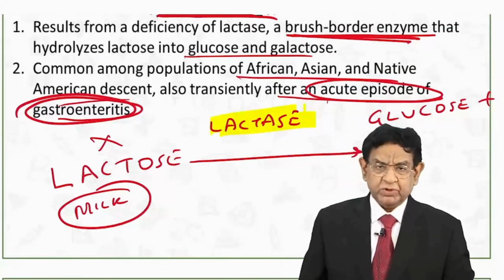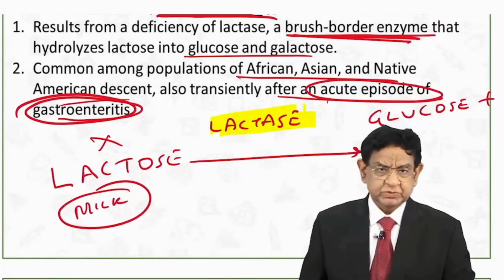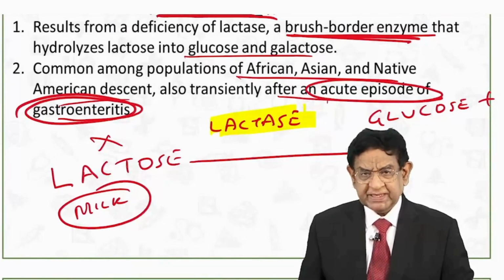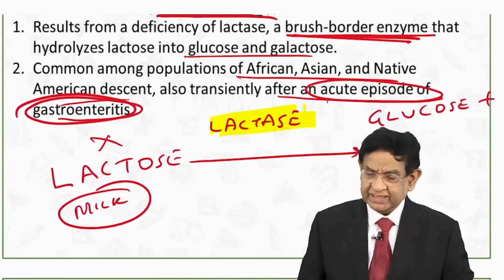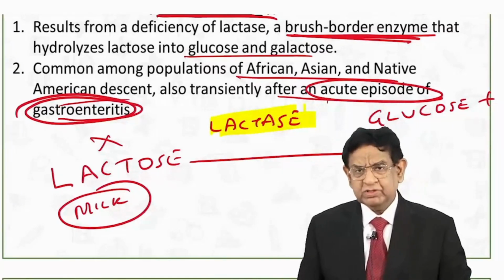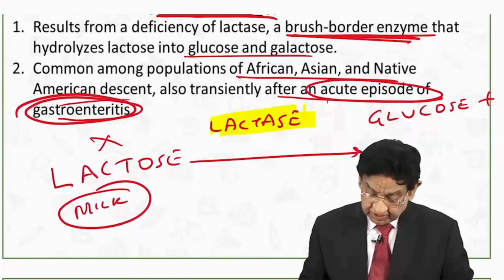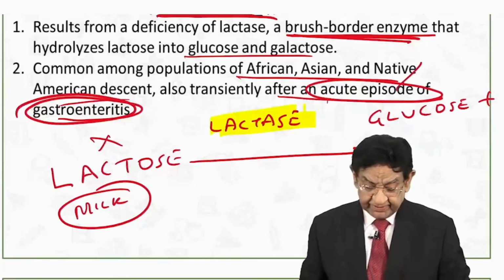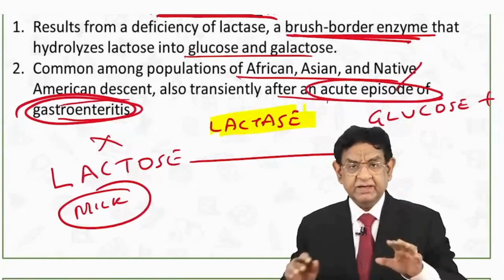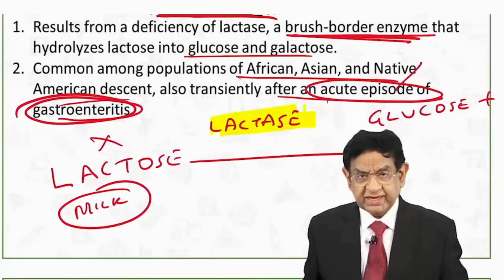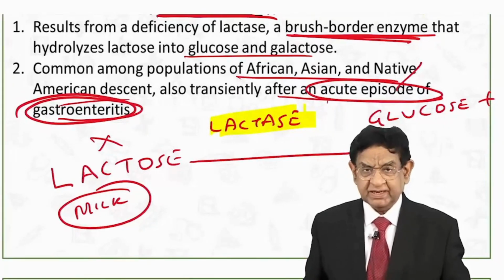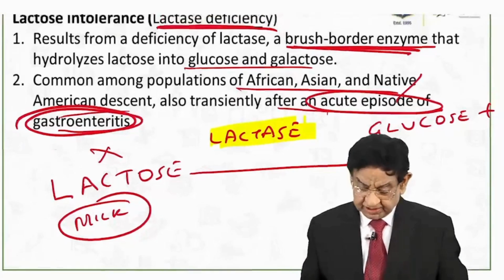Many physicians say that after a patient has come to you with diarrhea and is now all right, don't take milk for a few days. Why? Because they have a transient deficiency of lactase for a few days. That's the idea: don't take milk after gastroenteritis.